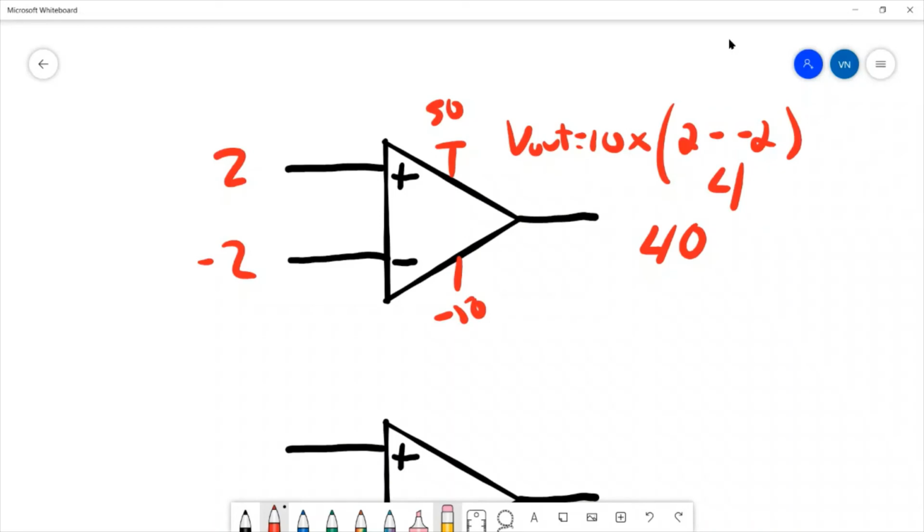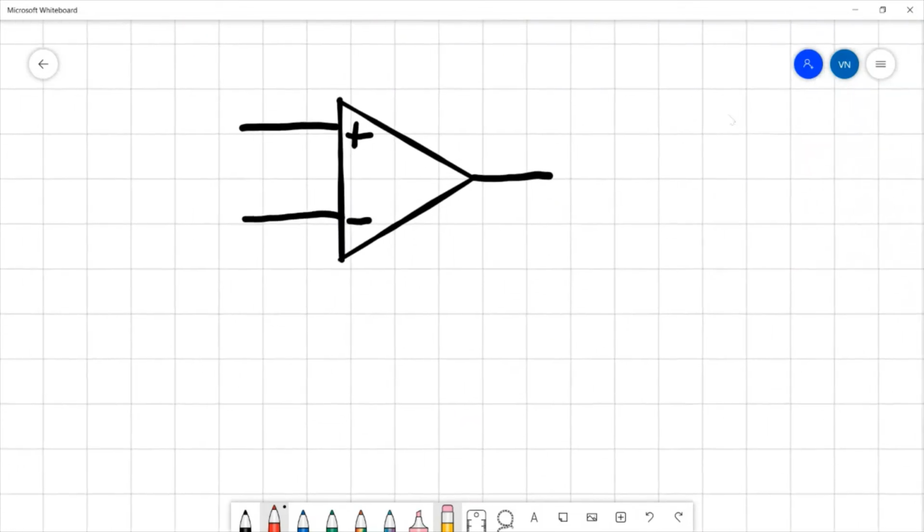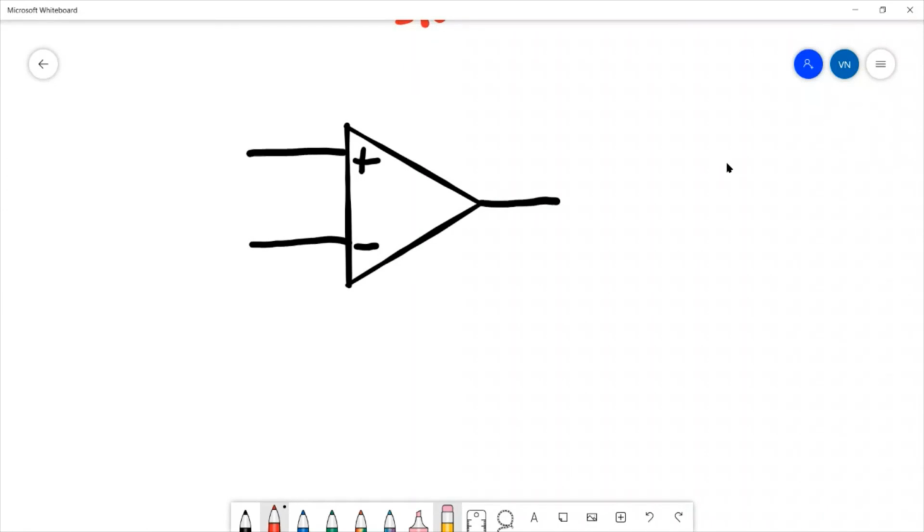Otherwise, it would hit the rails and you'd probably get 13 volts out. So the answer here, if it's an ideal op amp, is 40 volts. What about if it's 1 volt and 0 volts? That would be 10 times 1 minus 0, so you would get 10 volts.